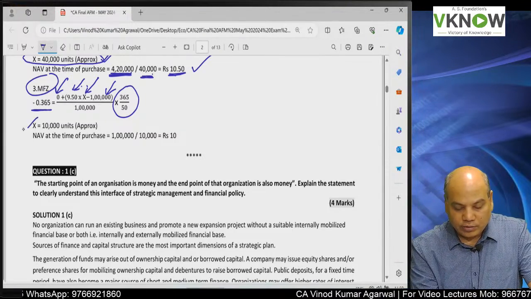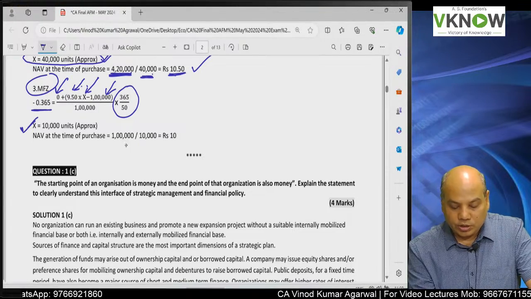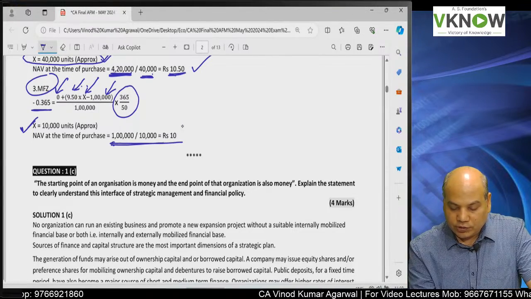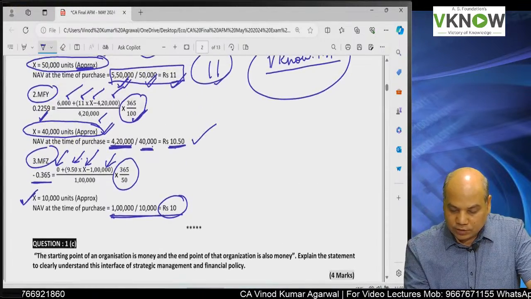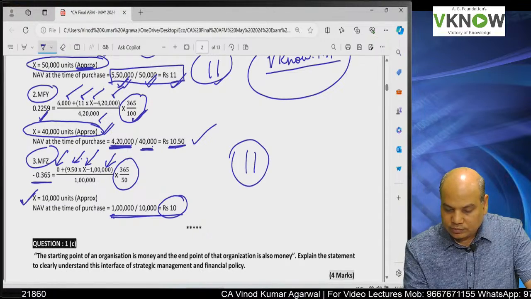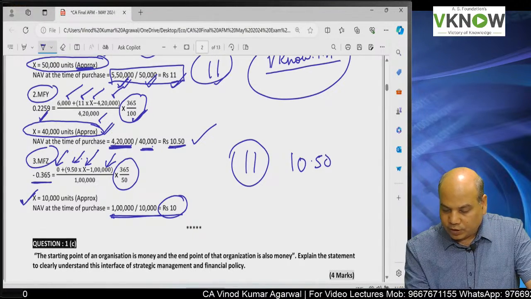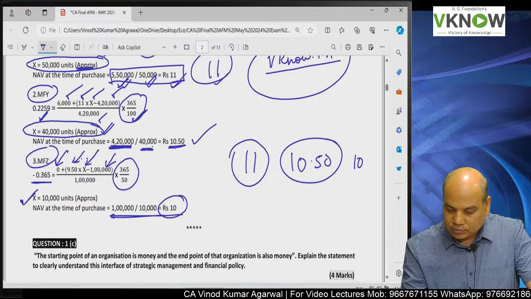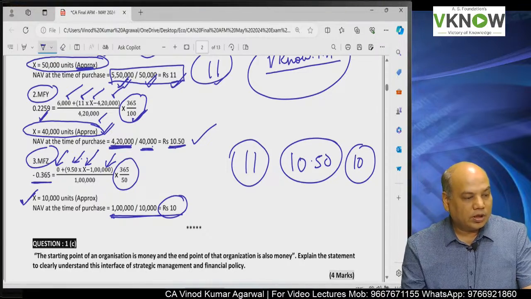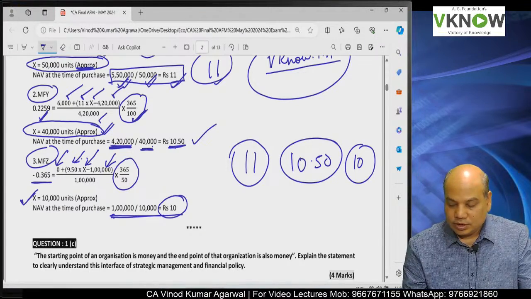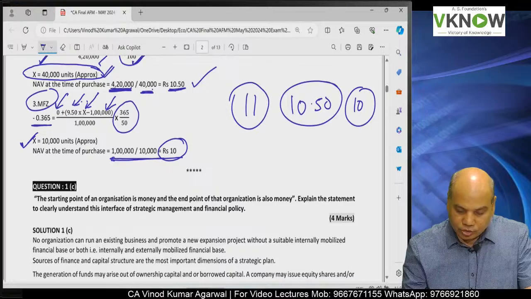When I solve it, I get 10,000 units, NAV per unit is 10 rupees. So the answer for this question is 11, 10.5 and 10 approximately. If you have got it right, then welcome, you will get full marks.